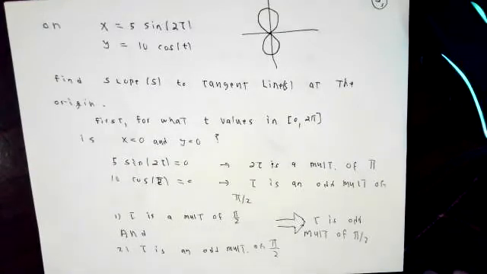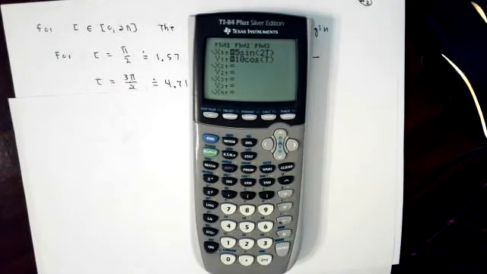So the places where I'm going to land at the origin are going to be odd multiples of pi over 2. Pi over 2 is about 1.57. So if I want to think about the graph that's close to that t value, I should have beginning and ending t limits that are close to 1.57.